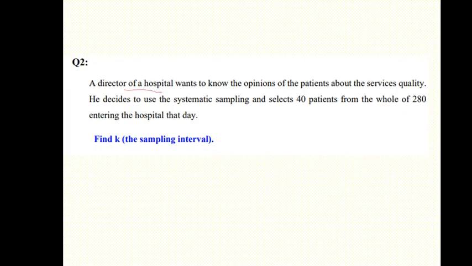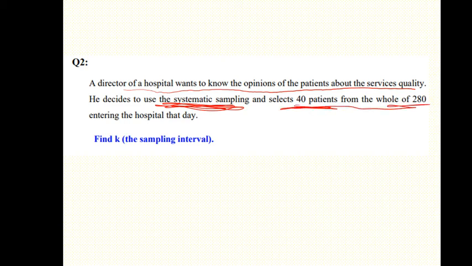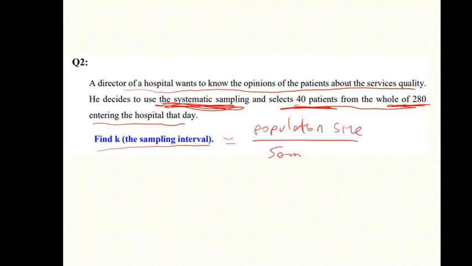A director of a hospital wants to know the opinions of patients about the service quality. He decides to use systematic sampling, selecting 40 patients from the whole 280 entering the hospital that day. Find the sampling interval. If you remember, the sampling interval is the size of the population divided by the sample size, rounded to the nearest integer.